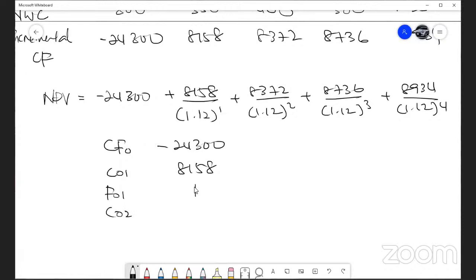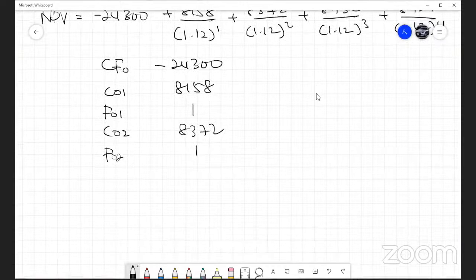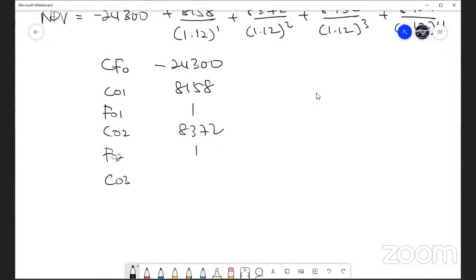Cash flow 2, 8,372. Frequency 2, 1 time only. Then moving on. Cash flow 3, 8,736. Frequency 3, 1 time. And lastly, cash flow 4, 8,934. Frequency 1.